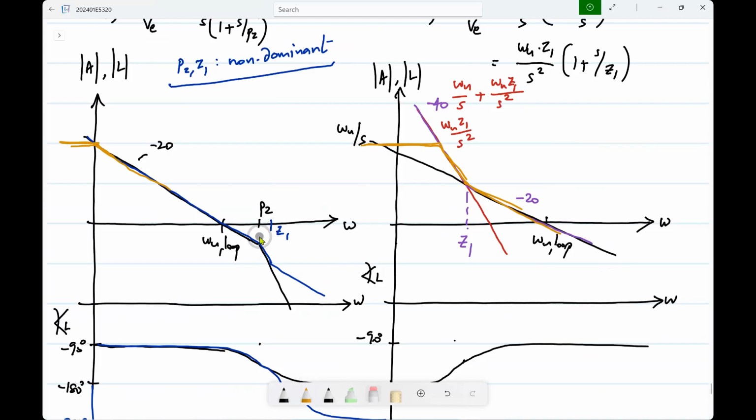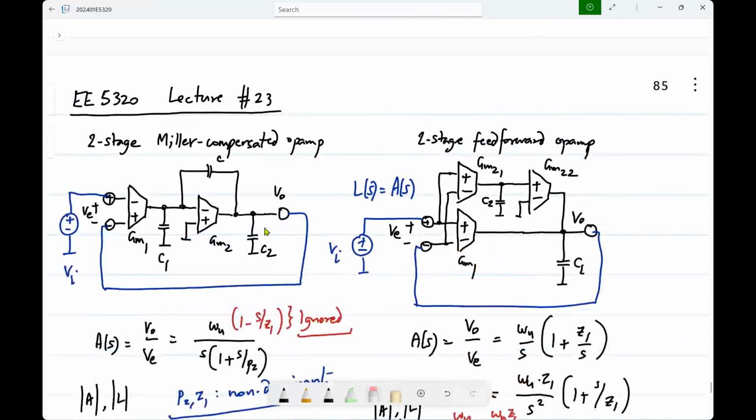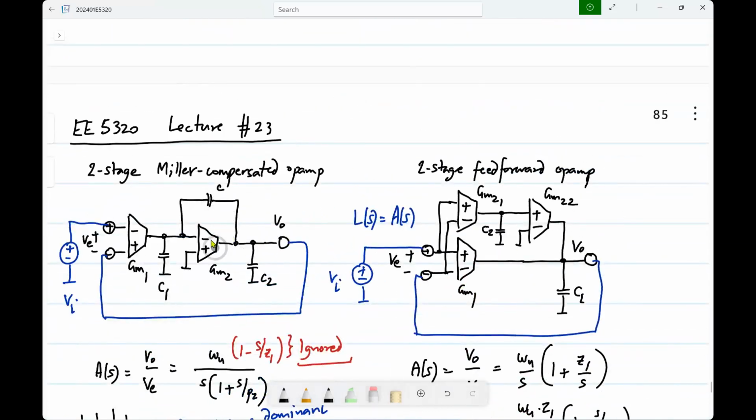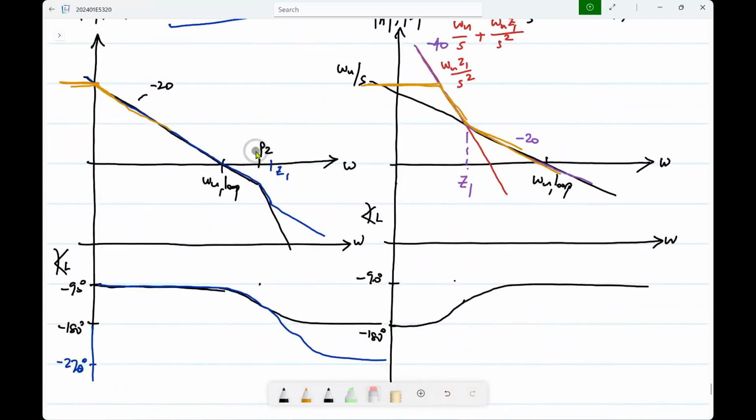Because again, you know that the non-dominant pole here is proportional to Gm2 by these parasitic capacitors. But if you go on increasing Gm2, what happens is the C1 and C2 will go on increasing regardless of what load you have connected. So roughly speaking, whenever you have these parasitic poles, you can imagine that there is a frequency beyond which you cannot push them.